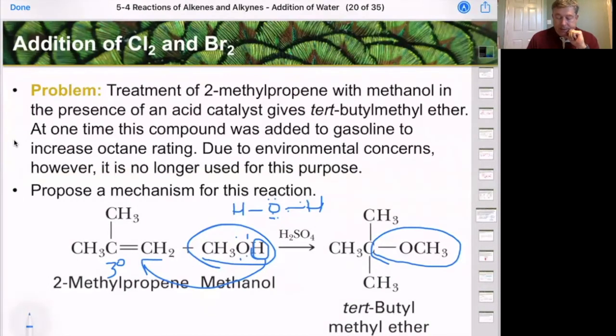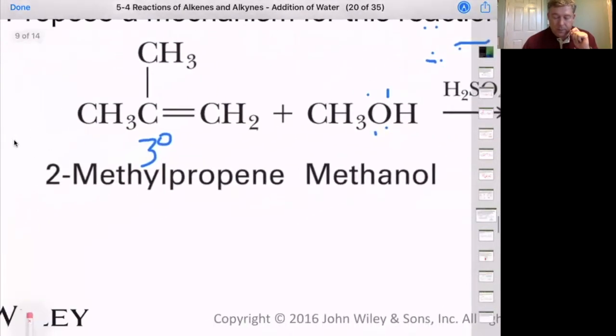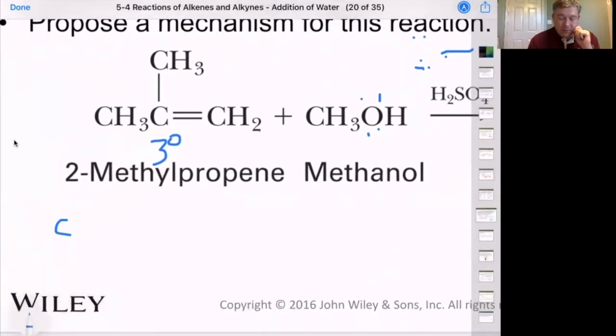So we would have to draw it such that we have a little more room here. I think the first step of that mechanism is going to be generating an OH, and we had a lone pair here, and if we added a hydrogen to it, that would create this acidic species.